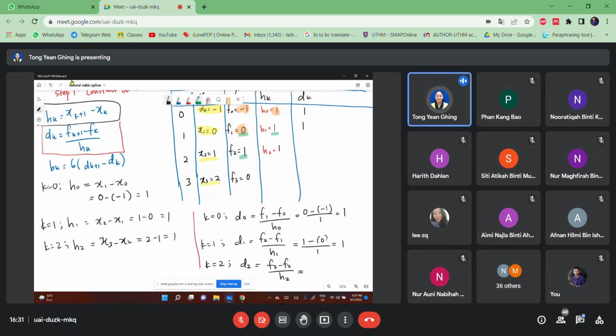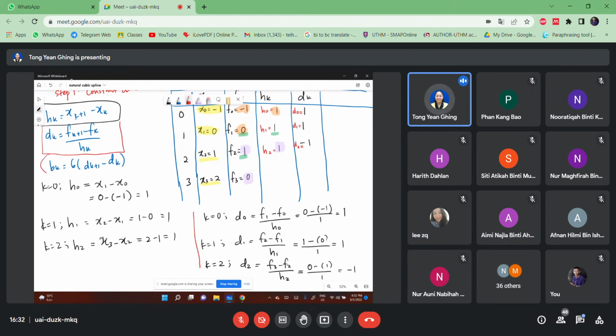So F3 is this value, 0 minus 1 divided by 1, that means -1. So this is D0, this is D1, this is D2.